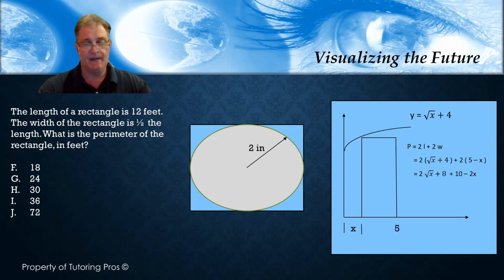If we start with 5 and subtract out the x distance, that's going to leave the width of the rectangle remaining. So therefore, the width can be described by the equation 5 minus x.